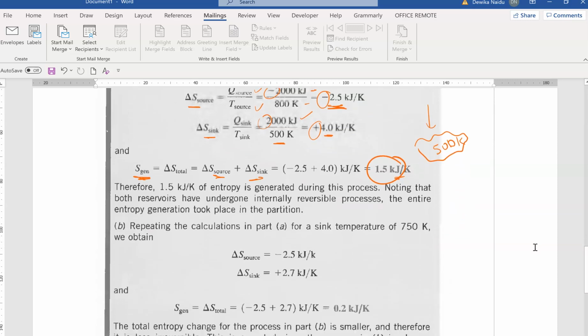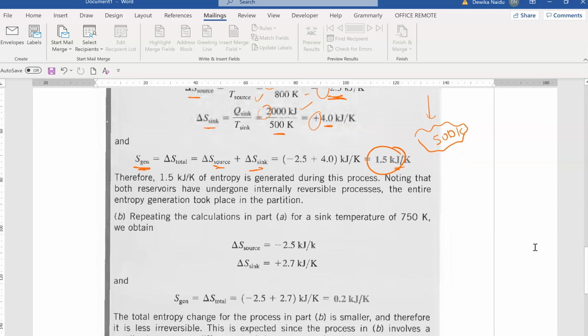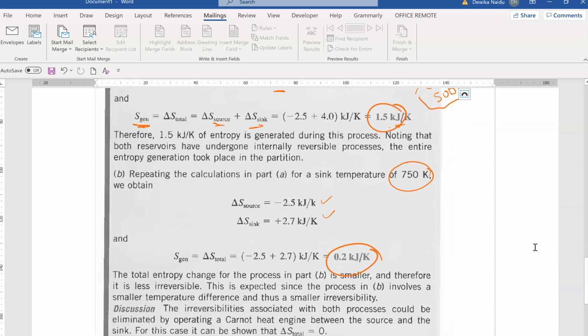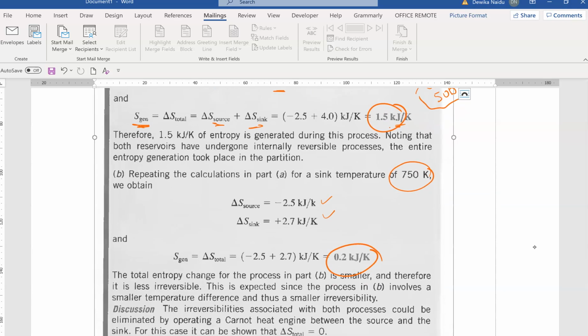Now let's look at the second part of the calculation, which is part B, to 750. For 750 you repeat the same thing, but the value is 0.2 compared to 1.5. So what is the concluding statement? The total entropy change for part B is smaller, and therefore it is less irreversible.